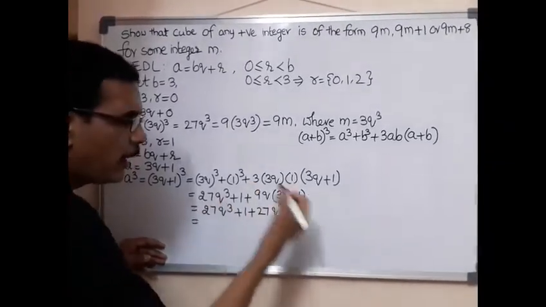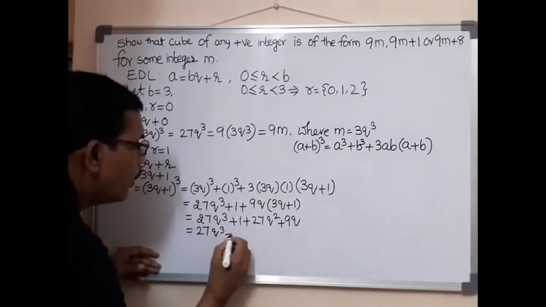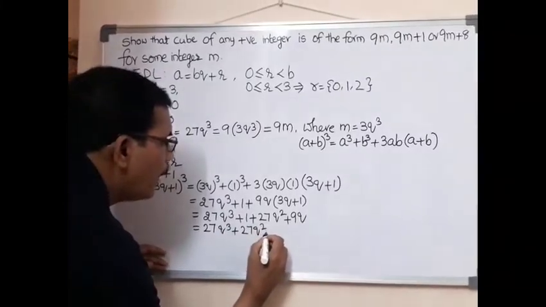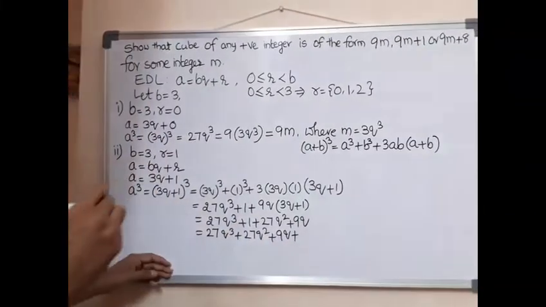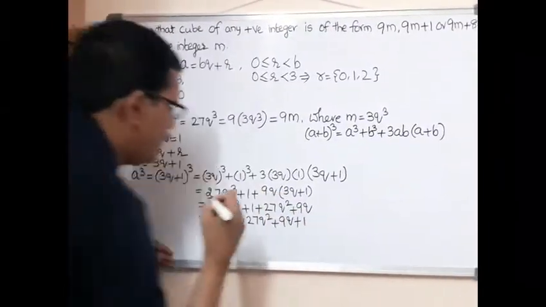Writing in descending order of powers, 27q cube plus 27q square plus 9q plus 1.